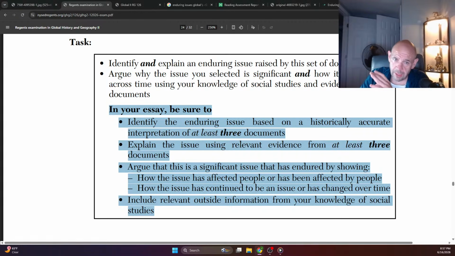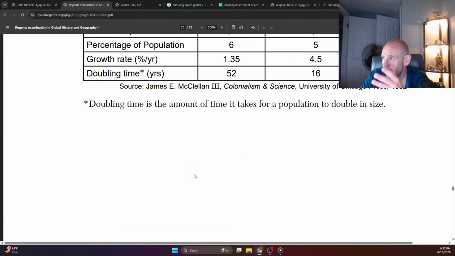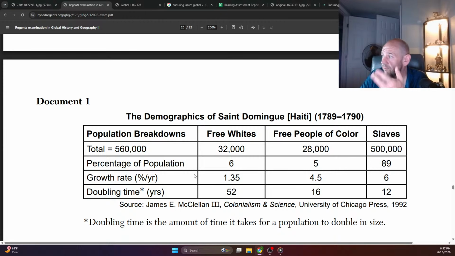So if I just scroll down on this particular Regents, it doesn't matter what it is. This is a document that shows a chart, it's data, what we call a schedule of data. The demographics of St. Domingo, which is the island of Haiti, 1789 to 1790. You can see obviously the place is mostly slaves. That's clearly what you have here, a huge population of which most is slaves. Fine.